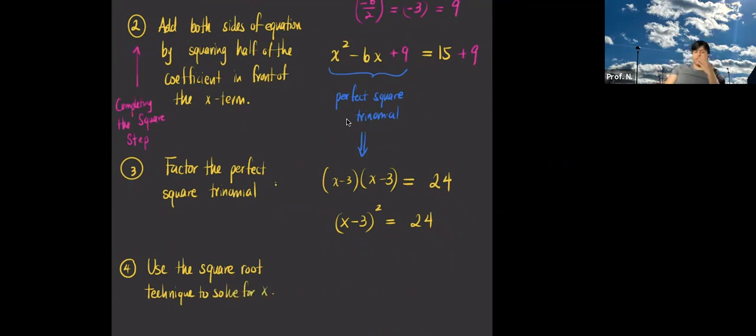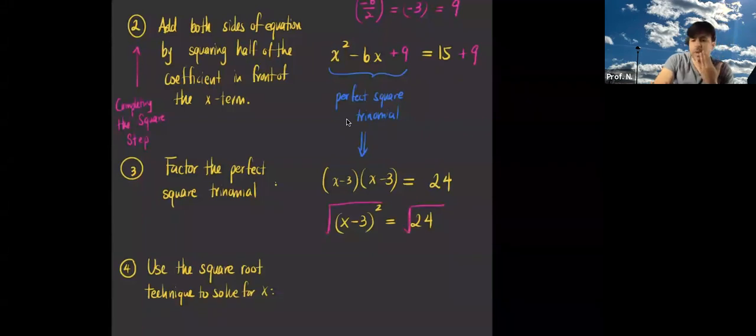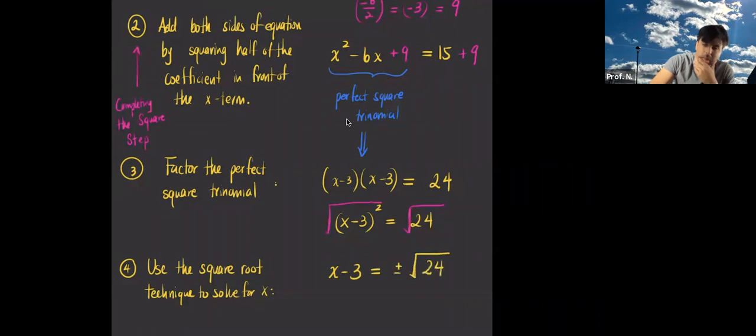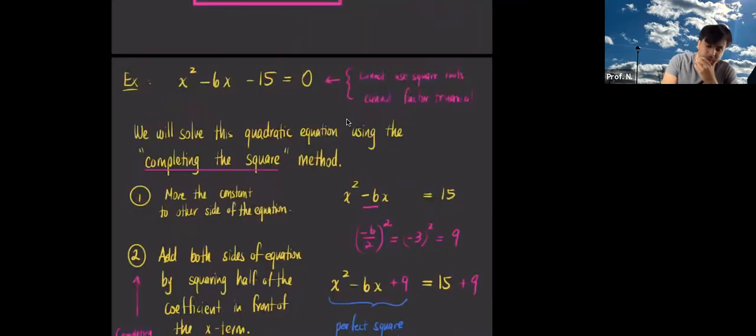So here it's obviously permissible to take the square roots on both sides. When I take the square root of the left side, I get just x minus 3, but then I get the plus or minus term for the square root of 24. What is the square root of 24?